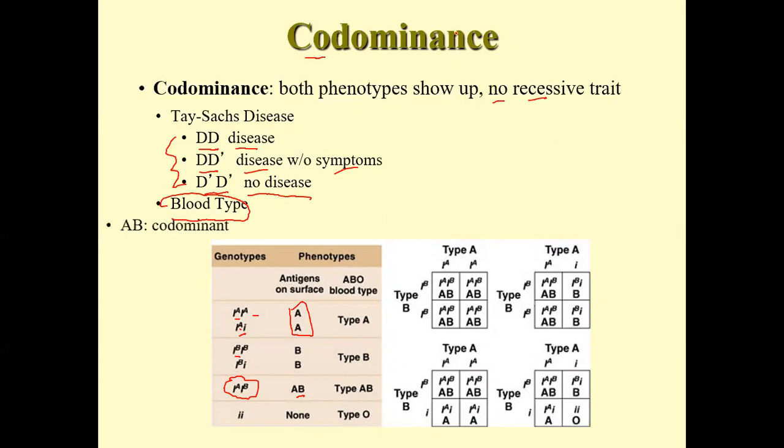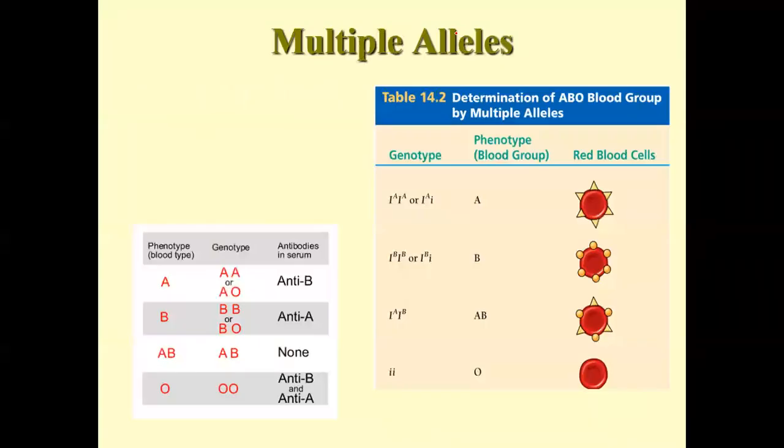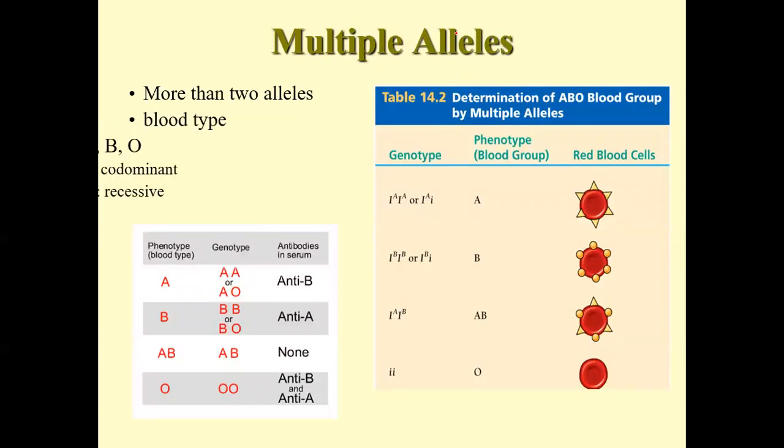So let me walk you through this version on multiple alleles. Blood typing is an example of having multiple alleles. You can have type A, you can have type B, you can have type O. And these things on the surface are antigens. These antigens are basically proteins that your blood cells have.